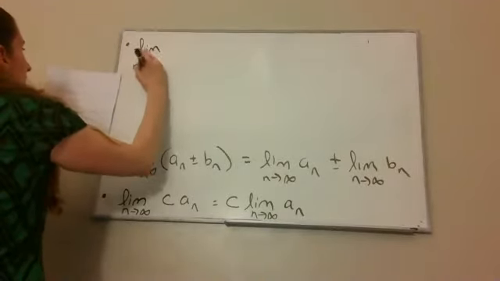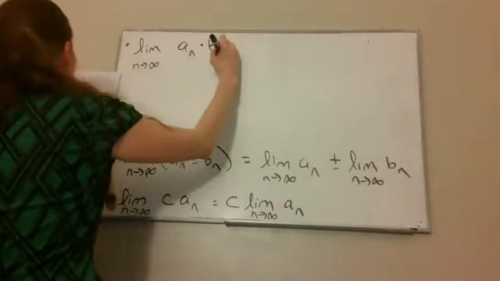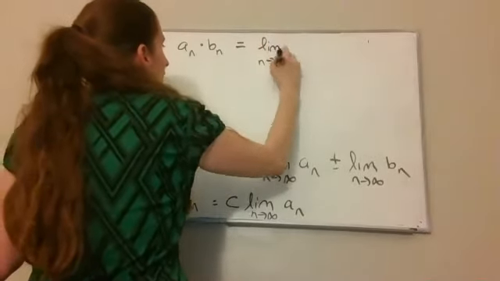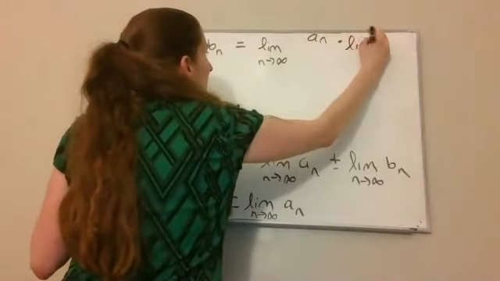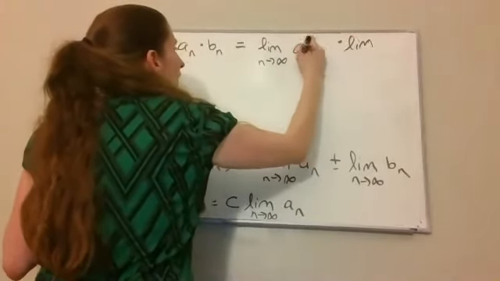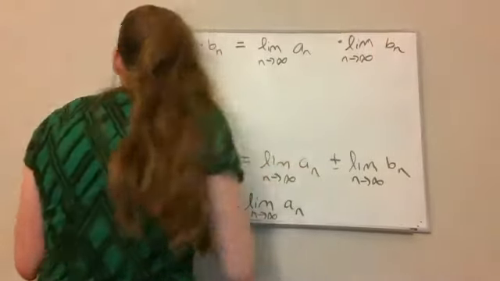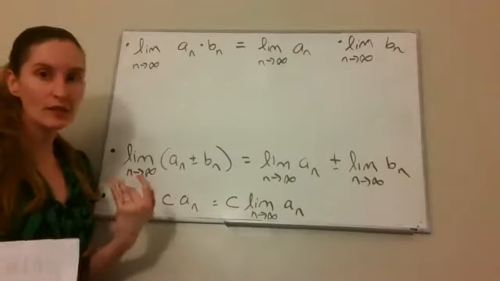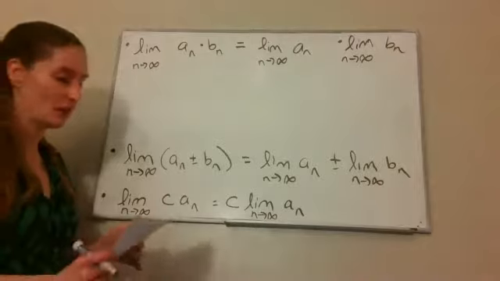The limit as n approaches infinity of a_n times b_n is equal to the limit as n approaches infinity of a_n times the limit as n approaches infinity of b_n. So the limit of the product is the product of the limits. Again, if your sequences are convergent sequences.